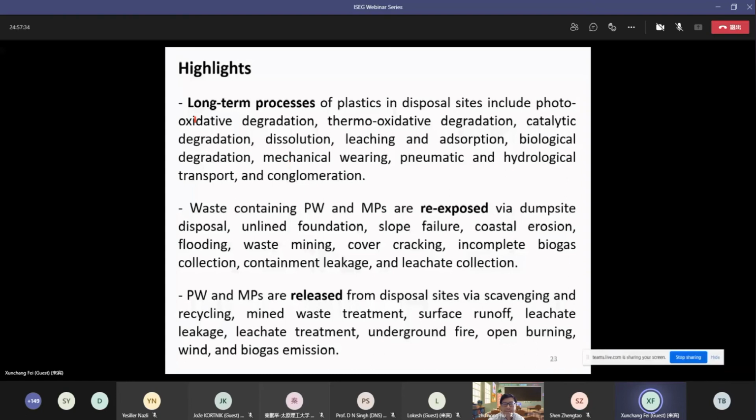And then we listed all the re-exposure and release pathways and assessed their probabilities, meaning how likely they are to be a critical issue. So later on, what can we do? We can obviously think about in situ monitoring, lab tests, full-scale mitigations, and even policy making that targets reducing the threats of plastic waste and microplastics to the environment.